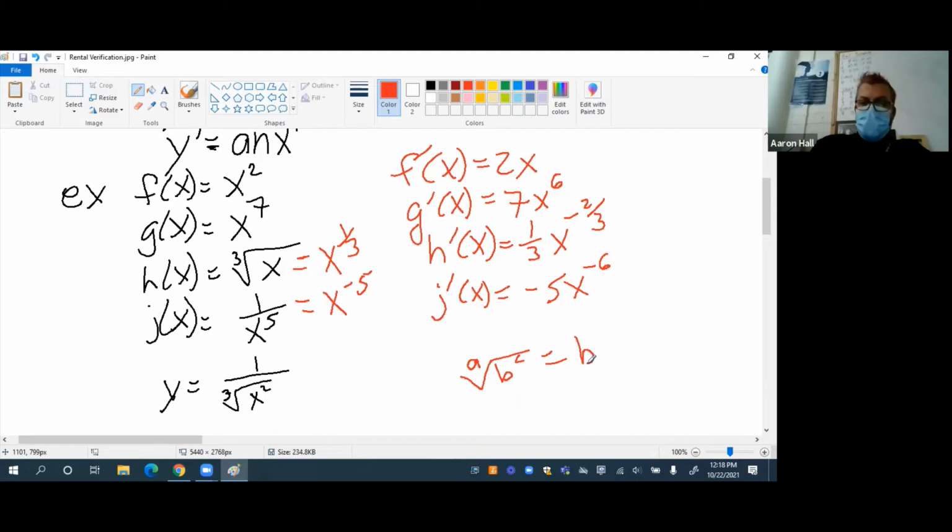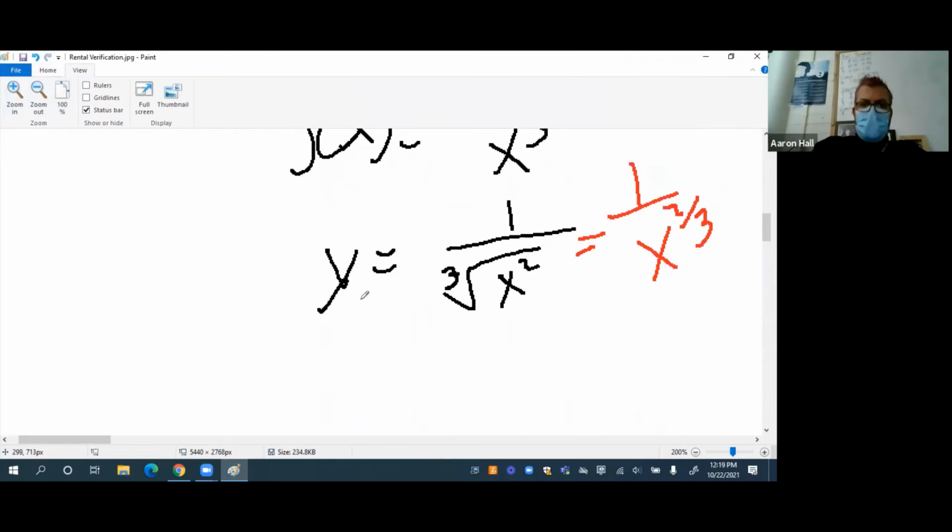B over A. Is it c? C over a? Okay. And so we're going to do the same thing with this one down here. That's going to give us what? 1 over what? X to the power of what? 2 over, it's actually a 3. Maybe it's hard to see. It's supposed to be a 3.